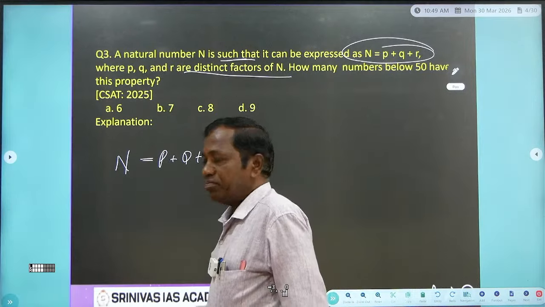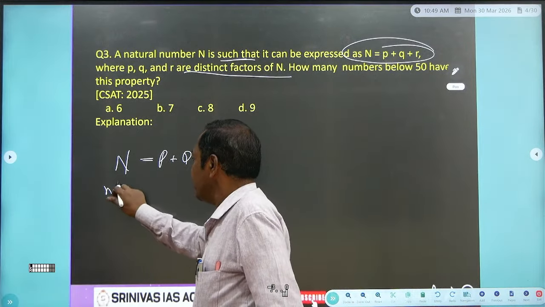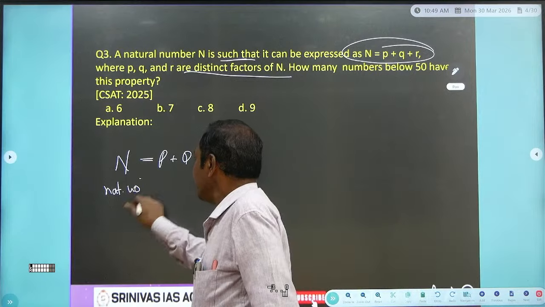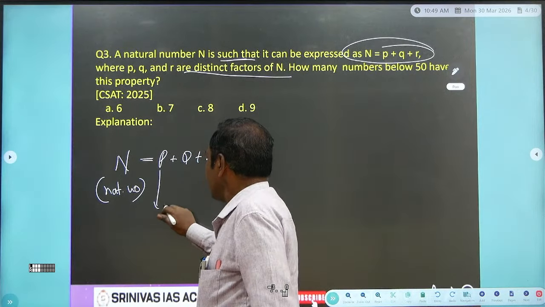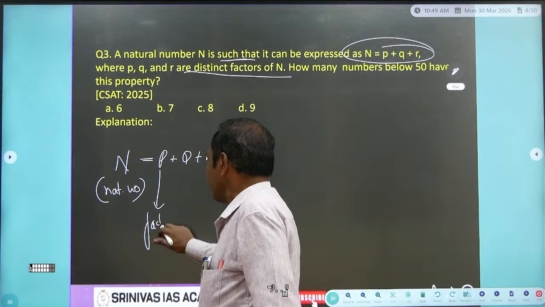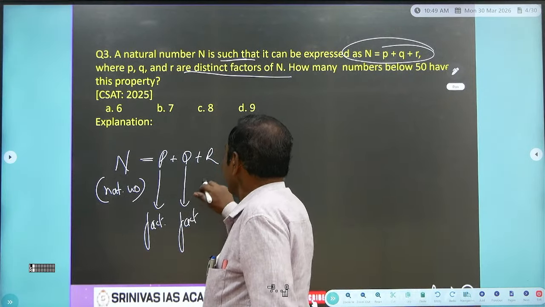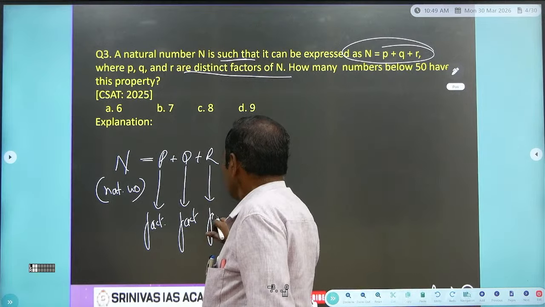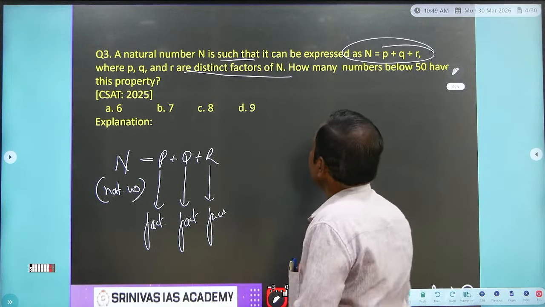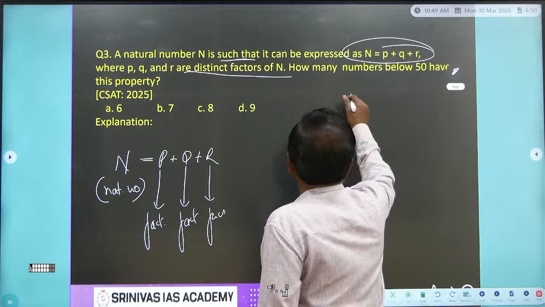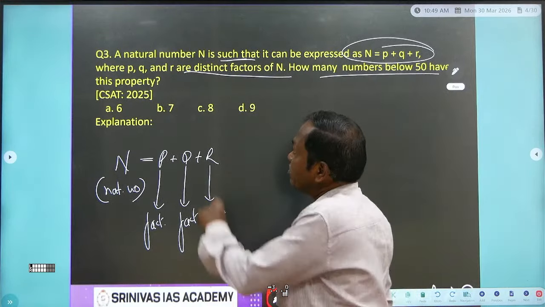N is a natural number. So these are the distinct factors of n. How many numbers below 50 have this property?